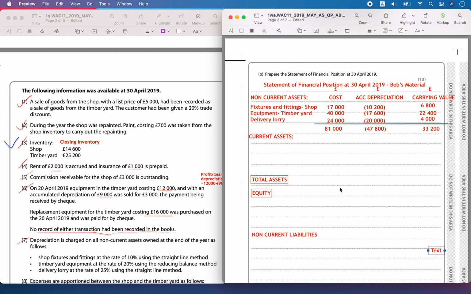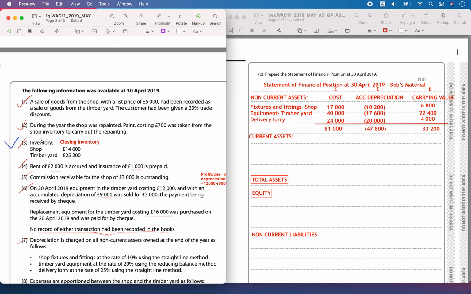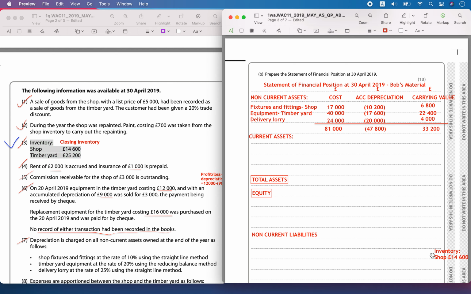We have the closing inventory, for the shop and the timber yard, which we have to include. Its value is 14,600 for the shop and 25,200 for the timber yard. This is the closing inventory.